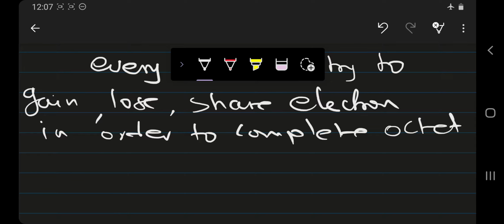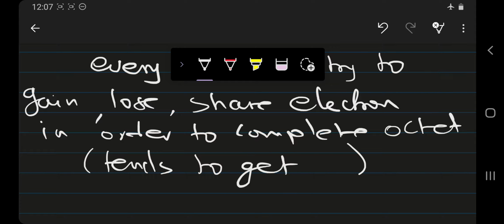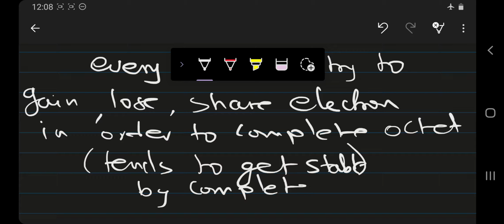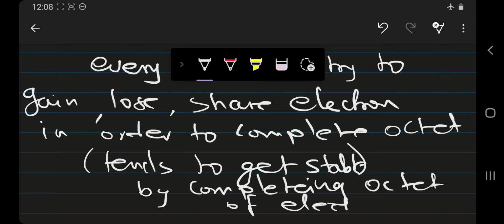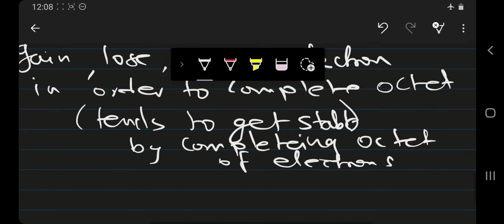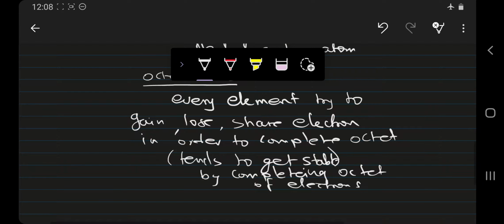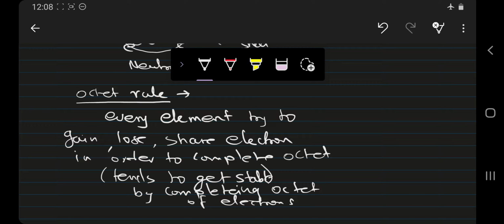Now, to complete the octet means every element tends to get stabilized, tends to get stable, by completing its octet of electrons. Now, this is simply the octet rule.